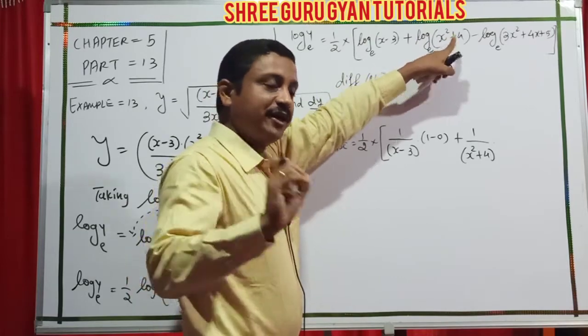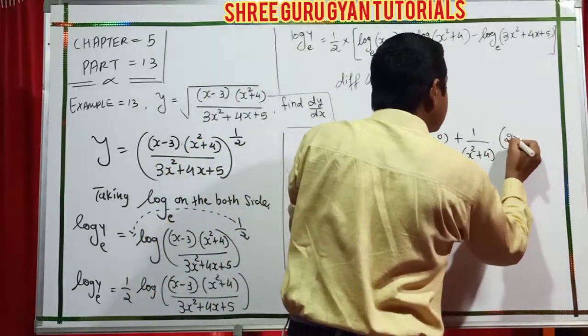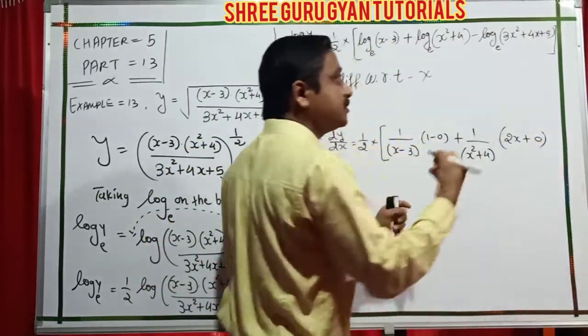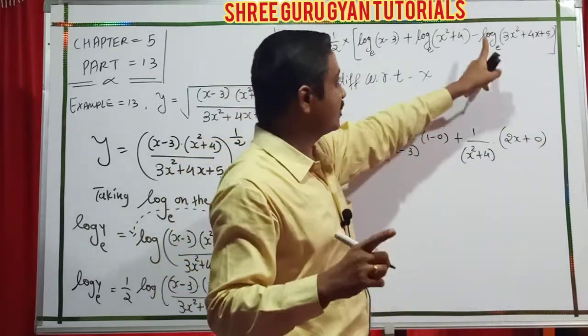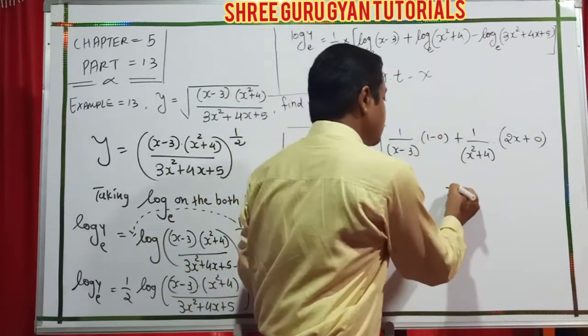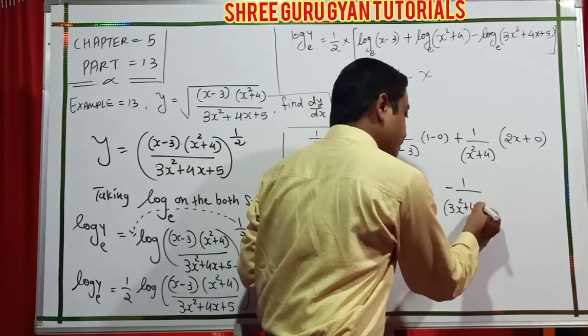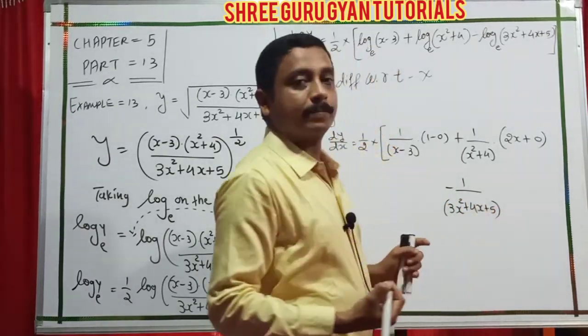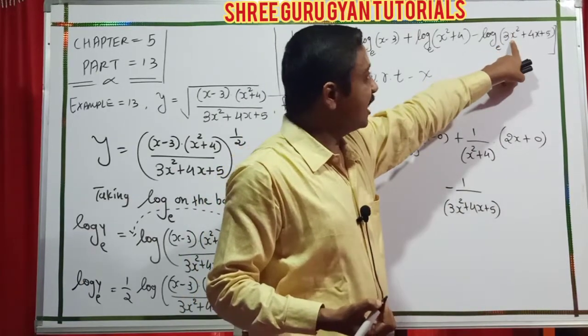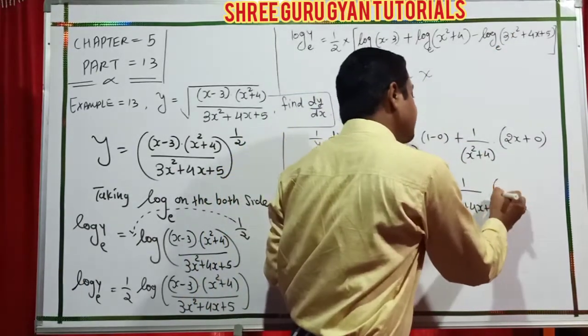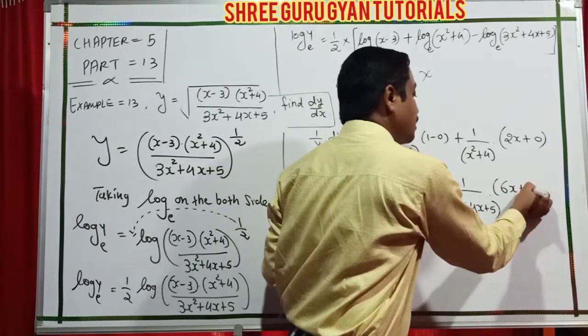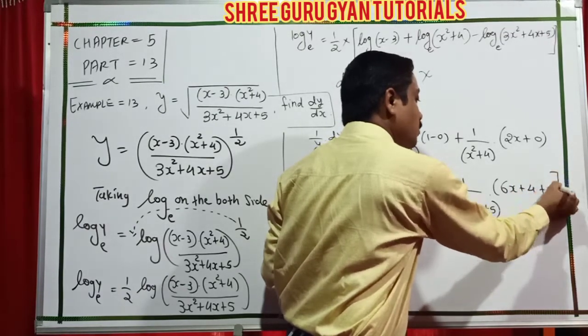What is the x square derivative? 2x, and the derivative of 4 is 0. And for the last function, the derivative is minus 1 by 3x square plus 4x plus 5, into this internal derivative.